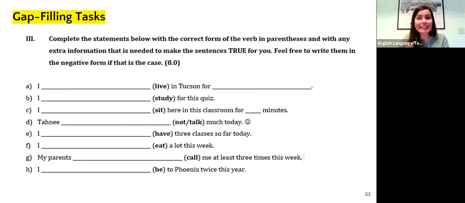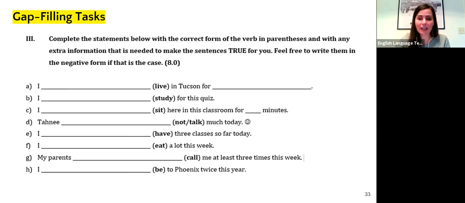And I tried to make sentences that I could tell if it was true or not for them. So that if they wrote something that was completely unacceptable, I could mark it wrong, but that was a little bit tricky. For example, I don't know whether they have been to Phoenix twice this year or not. So they would have to say here, I've been to Phoenix twice this year. I haven't been to Phoenix twice this year.